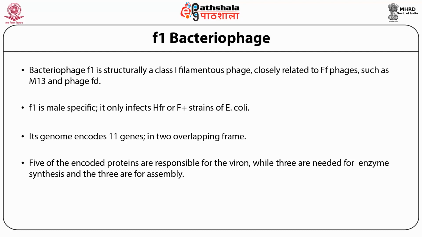F1 has a circular 6407 base pair genome of single-stranded DNA. There are 11 genes encoded on the genome. Two are overlapping in-frame genes. Five of the encoded proteins make up the virion. Three are needed for synthesis and the rest are for assembly.